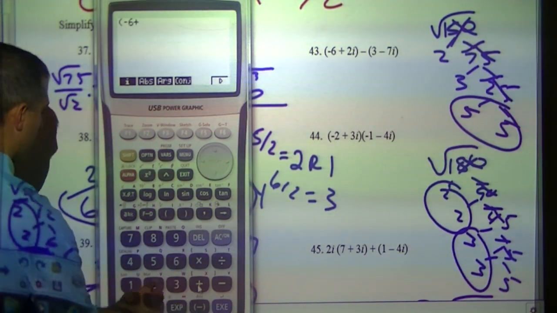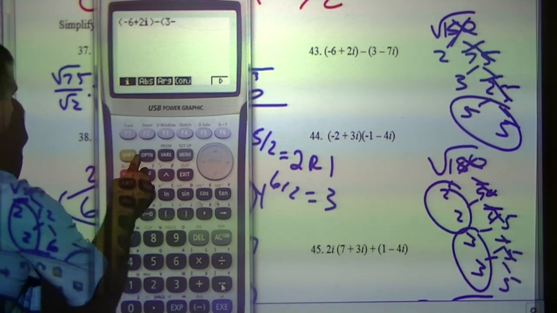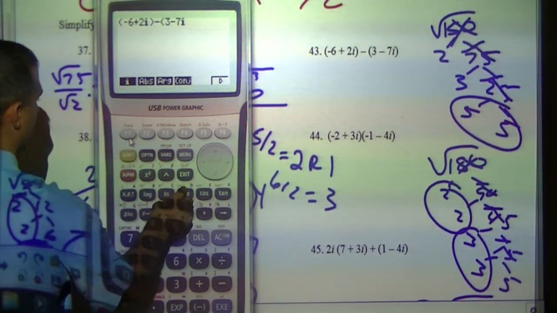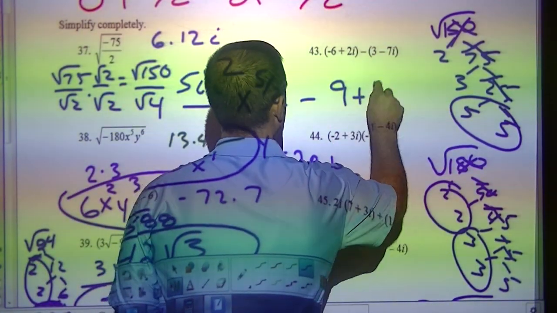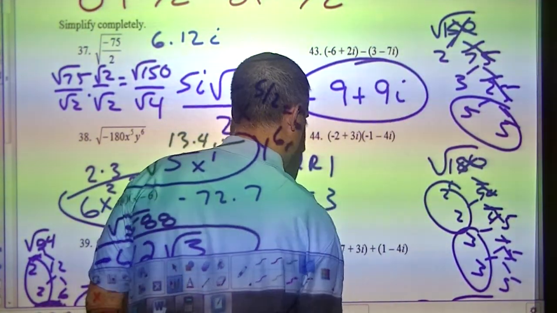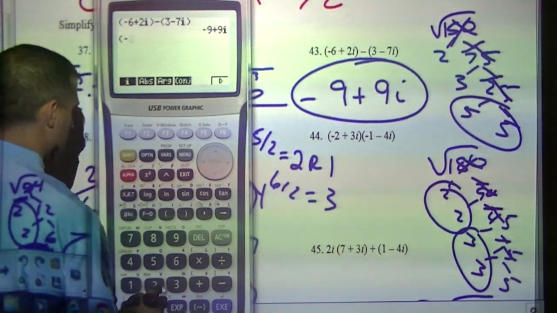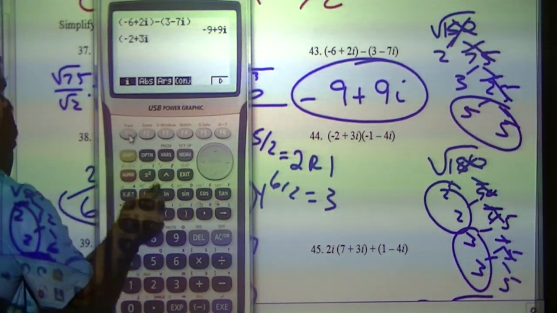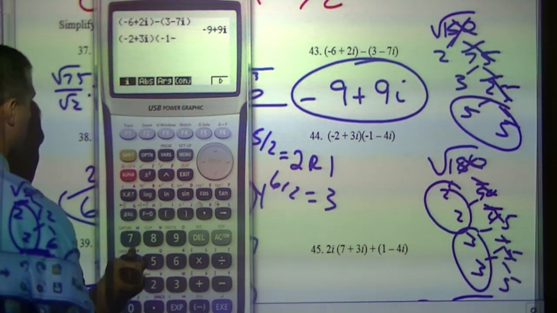Negative 6 plus 2i, minus 3 minus 7i. So that's negative 9 plus 9i. That's that problem. That next one is negative 2 plus 3i, and then negative 1 minus 4i.